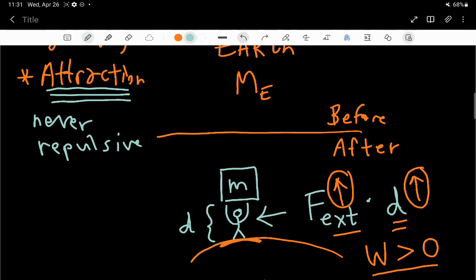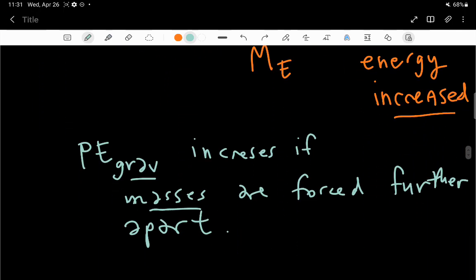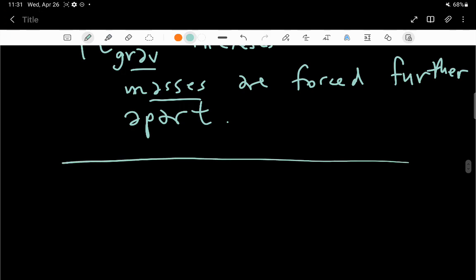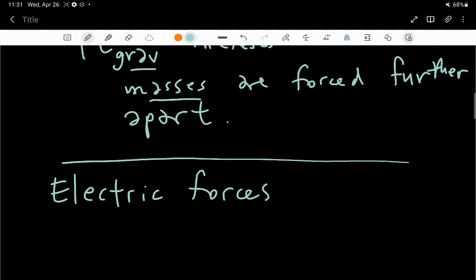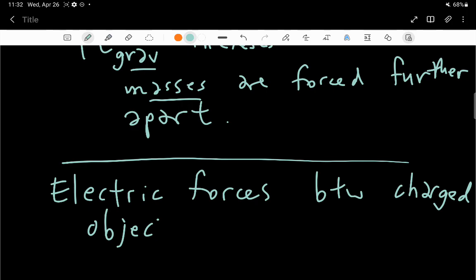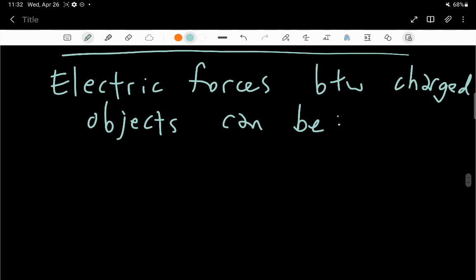So in the case of electricity, electric forces between charged objects can be attractive, right?